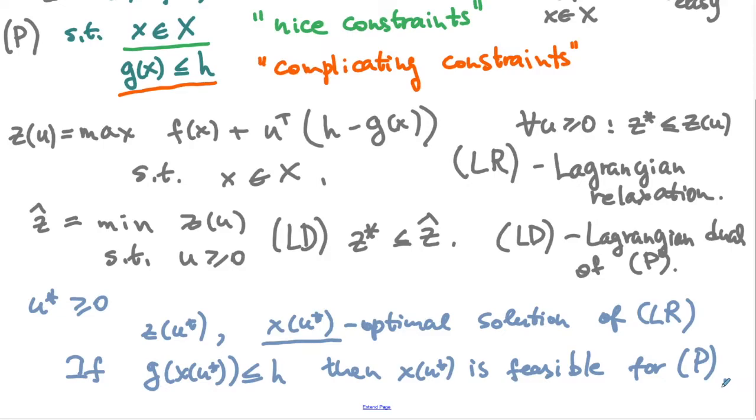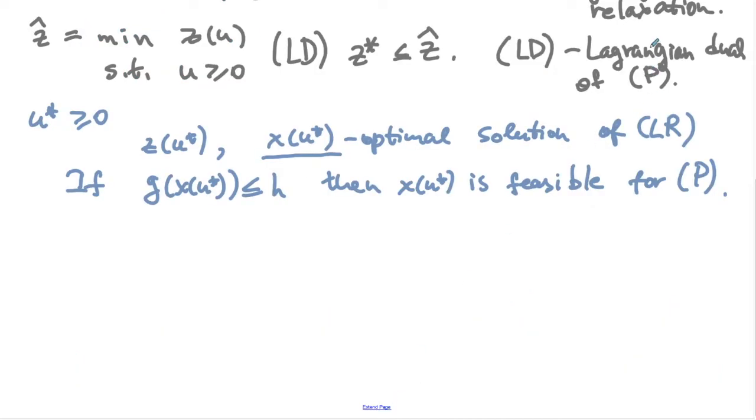So now, in order to obtain the exact bound on the optimal objective value for our original problem, we need to ensure that u transpose times (h minus g of x) is equal to 0. This is the case when the complementary slackness constraints, or complementarity constraints, are satisfied.